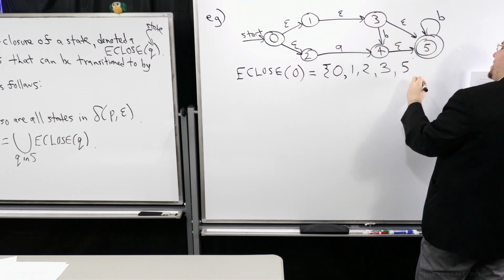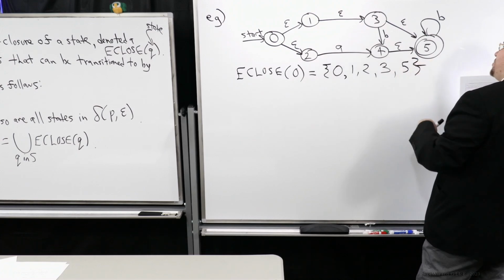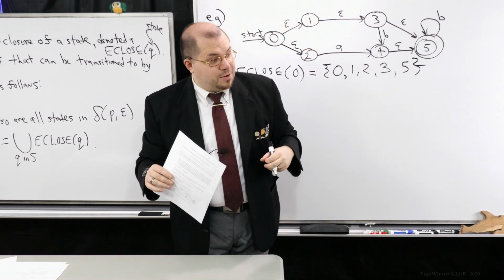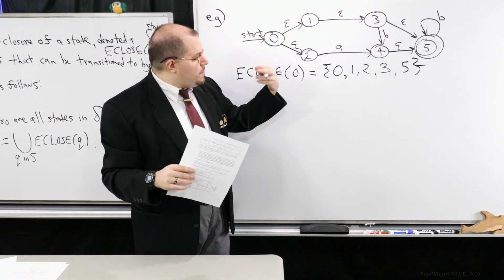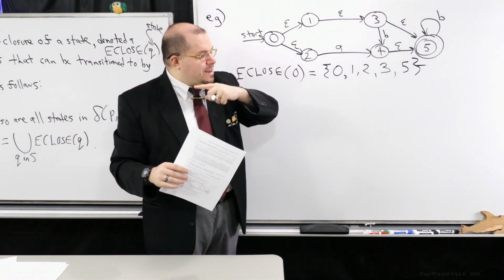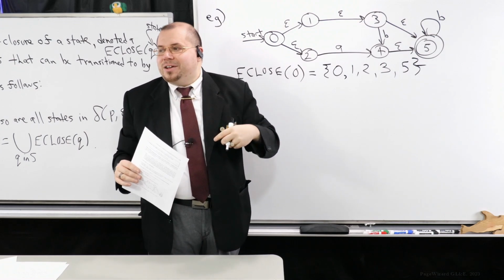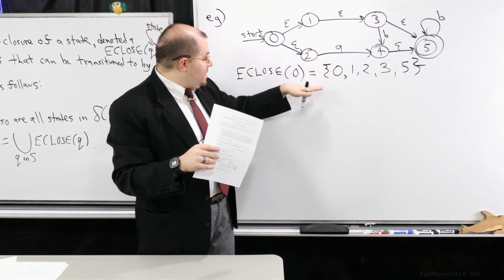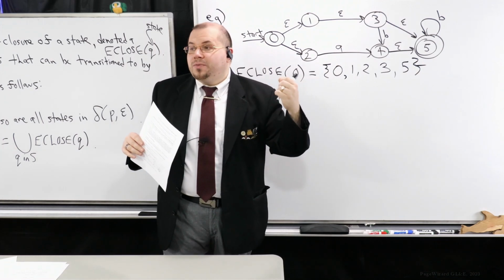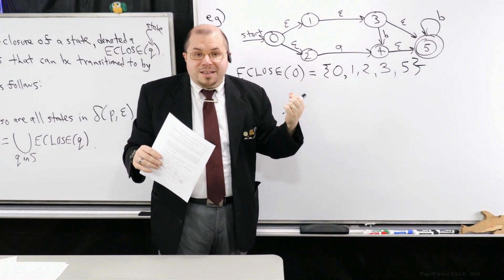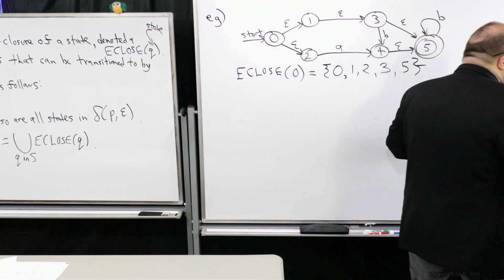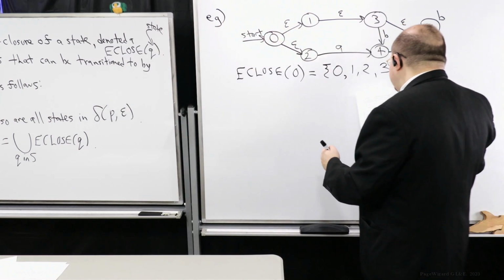Notice 5 doesn't have any transitions that head outward to a different state. So you know that this is actually the epsilon closure of 0. So you keep repeatedly applying the inductive definition here. Every time you discover another state that is a part of this set, then so are all the states you could reach via an epsilon transition. And you keep repeatedly applying this process.